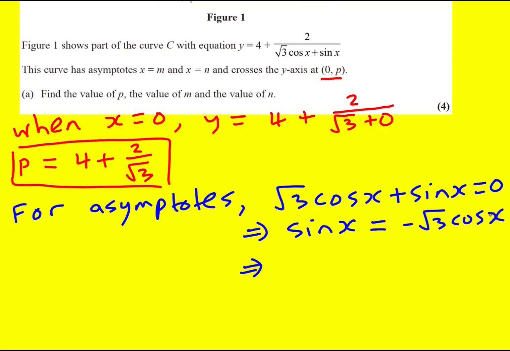I just want to divide through by cos x. I'll get that tan x is equal to minus root 3.